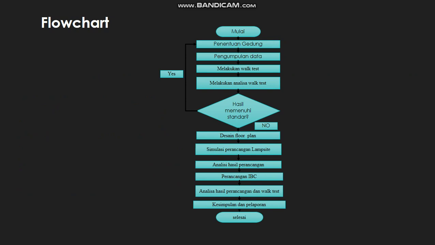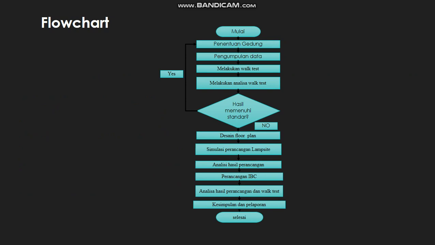Then we do a walk test in the room to know how strong the signal is without IBC, and then we analyze the walk test result. If the result is bad, we design the floor plan: we simulate the building, how many rooms, where the barriers are, what the material is, and then we do a simulation in the IB web software.